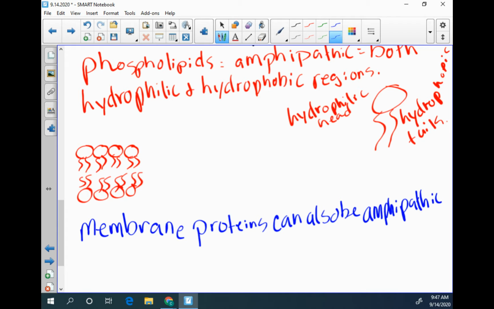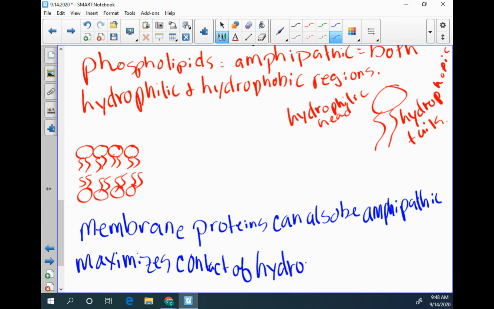This amphipathicness maximizes contact of hydrophilic protein regions and water.